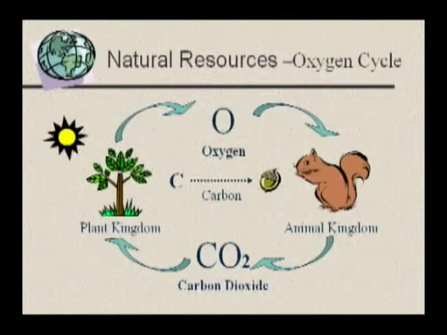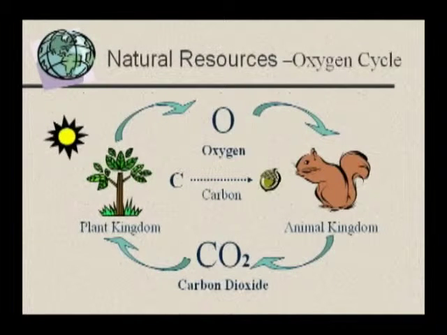It'll eat the fruits of the plants and combine that carbon and oxygen to give itself energy. It basically burns the carbon inside our bodies. We're part of this animal kingdom, as I'm sure you're aware. And we give off carbon dioxide, and that, again, is brought in by the plant kingdom, and the process starts all over again. Two fairly well-known processes, and again, it's cyclical in nature.